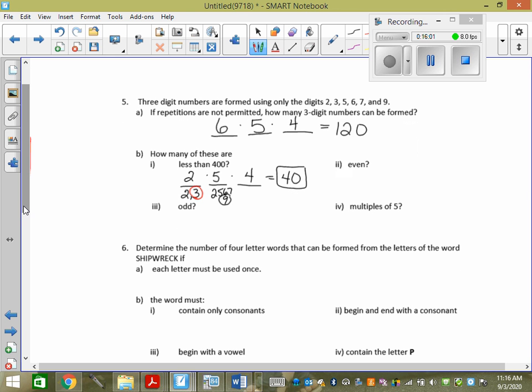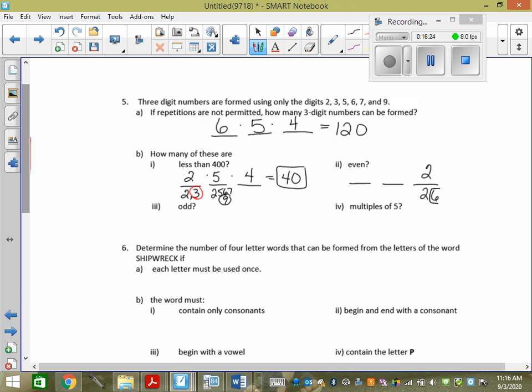Evens. It's going to have to end in an even. Now, when you would ask would it be half, it would be if you were 0 to 9, right? But when it's like this, it doesn't guarantee half. So in order for it to be even, it has to end in an even number, right? So our only even options are 2 and 6. So that's 2.